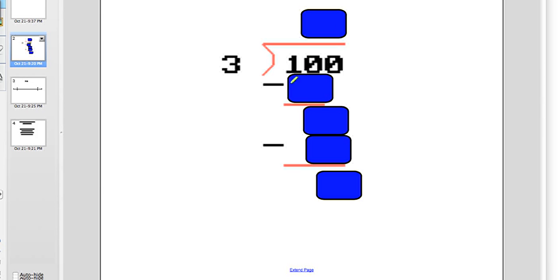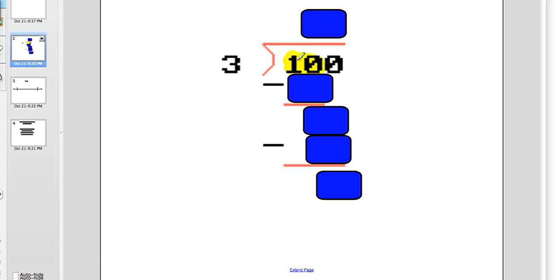Because if I look here, there is my 1. We first check in the algorithm: does 3 go into 1? No. I can't break up that 100 block. So I had to go to the tens. So look at that, we took the 100 block and broke it up into 10 tens.